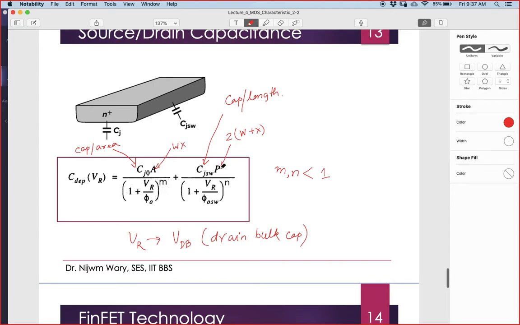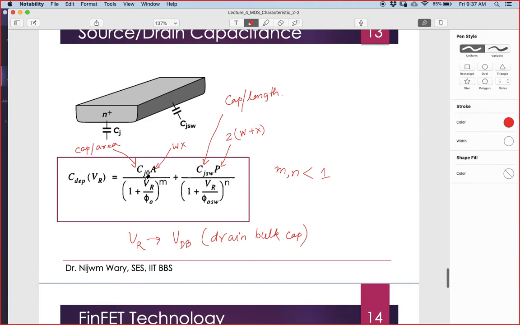Similarly, if I multiply with this perimeter, which is in length, maybe meter, and this is capacitance per unit length, the whole product will be a capacitance. Is it clear?